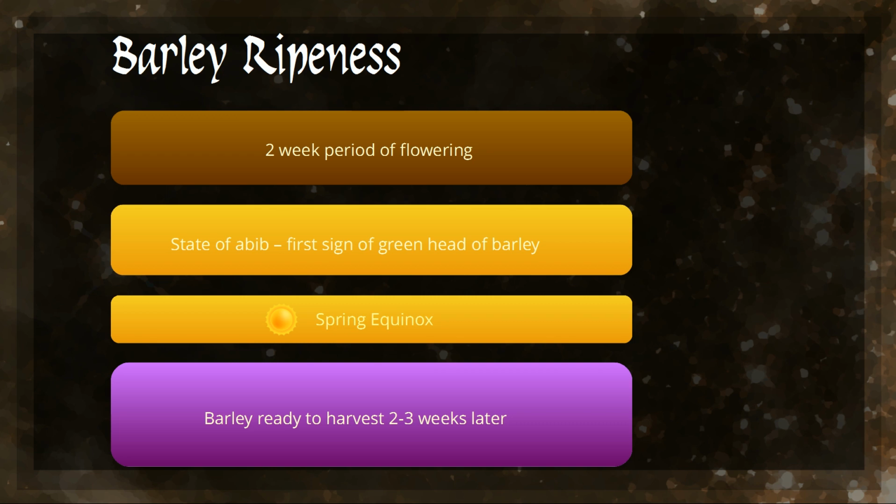This requirement is consistent and predictable every year as the short days of winter gradually lengthen, approaching the longer days of spring. The result is a relatively short time frame of 2 weeks, occurring on average 2 to 3 weeks before the spring equinox. Formation of green ears of grain would be evident immediately following, around 1 week before the spring equinox, the barley being in a state of Abib.